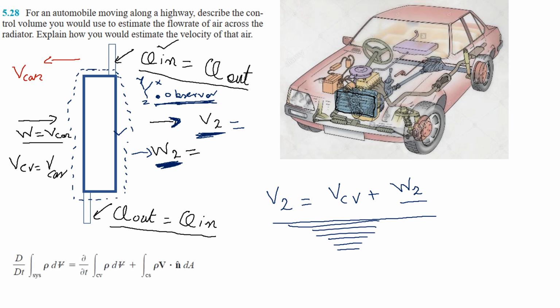And yes, this is the Reynolds transport theorem that we are going to be using for this scenario. This is my mass conservation problem, so this is equal to 0. I will assume that my flow is steady, so this will also be equal to 0, and then I apply it on my control surfaces.